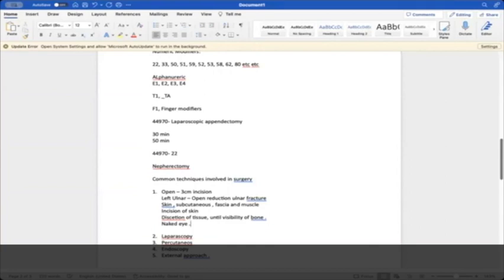He entered the organ by incising the skin and cleared the way by dissecting the tissue until the bone was visible. Then he can see the bone directly without any surgical equipment, and he will perform the procedure. So these are the keywords to confirm the technique falls under open.